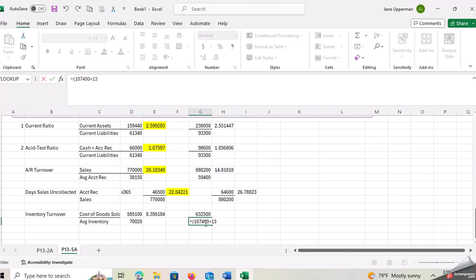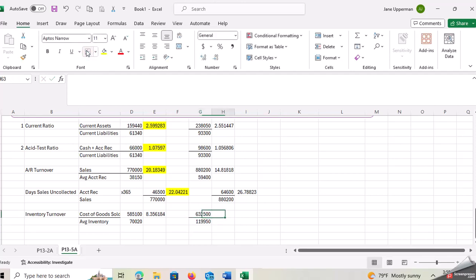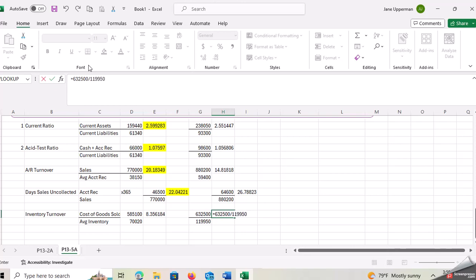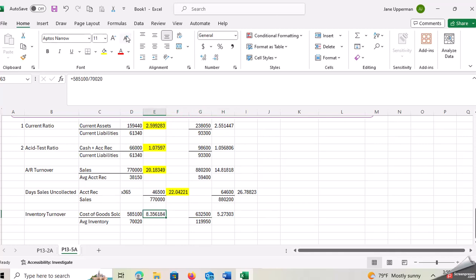Add those together and divide by 2 to get our average. Then we take that cost of goods sold, 632,500, divided by the average, 119,950, and that gives us 5. So again, the first company is better.